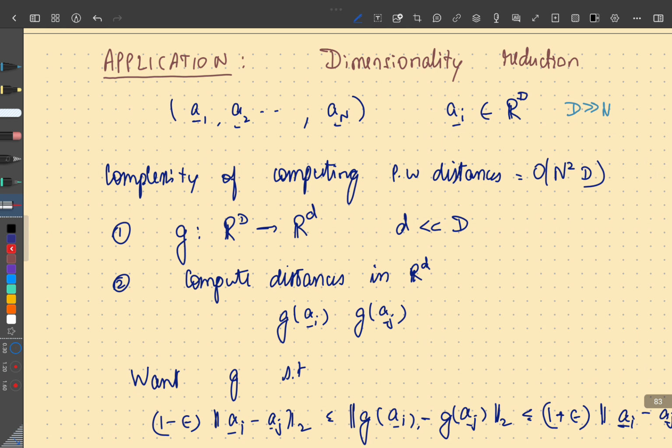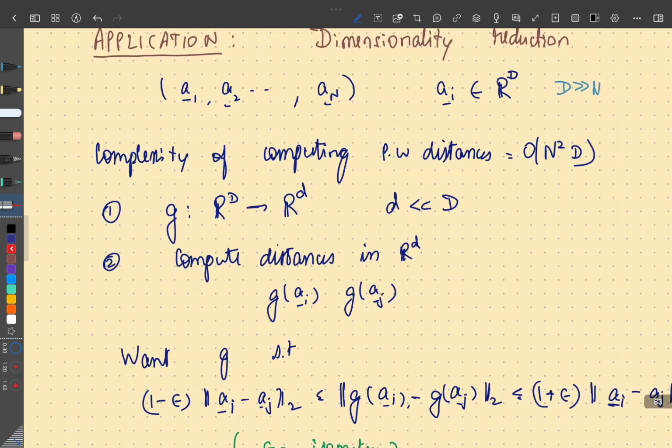But recall that the objective of the data processing or learning problem involves computing distances between these points. So hopefully the distances between the projected points, g of ai and g of aj, should be roughly the same as the distance between the points ai and aj.